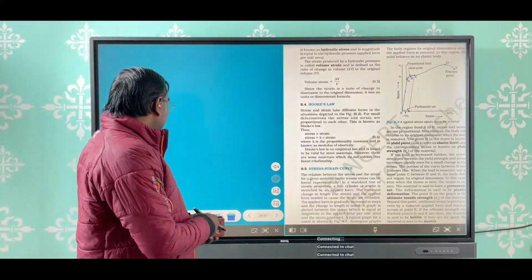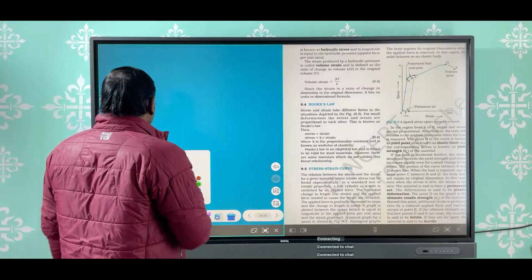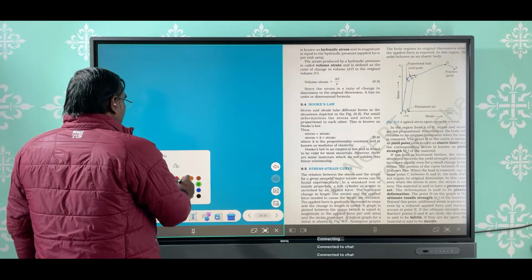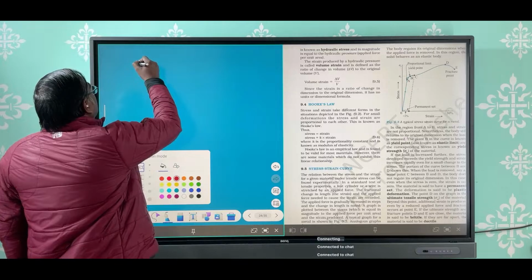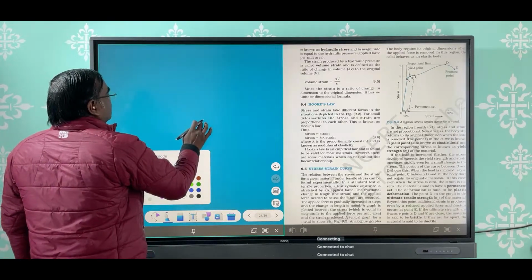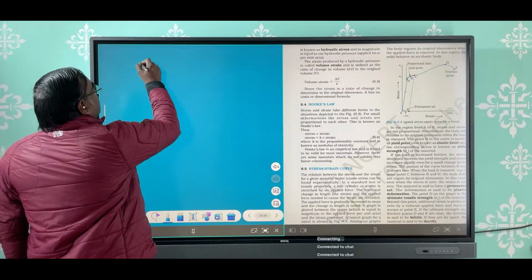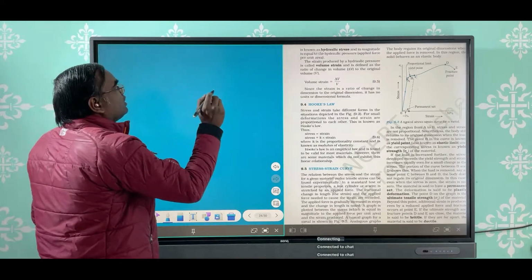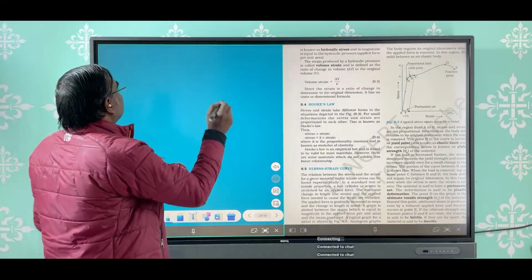So the material that obeys Hooke's law is called Hooke's material, and that doesn't follow Hooke's law is called the non-Hookean material.